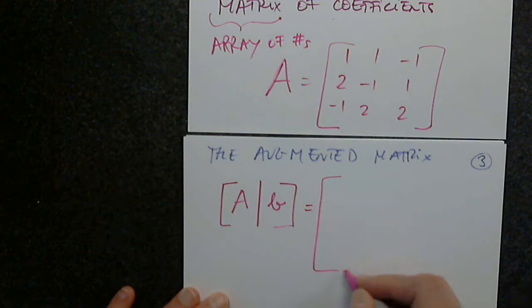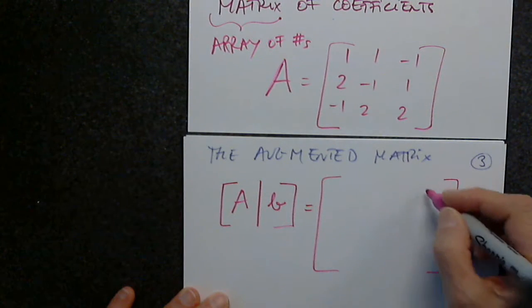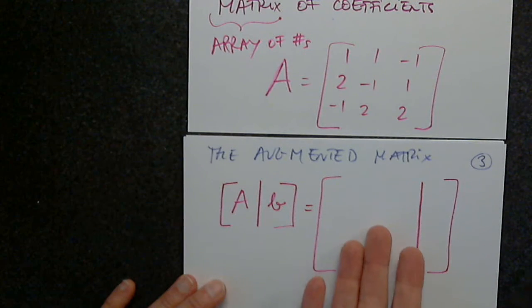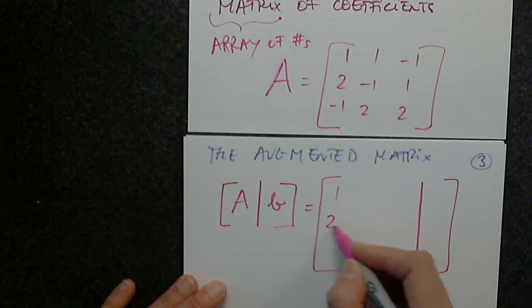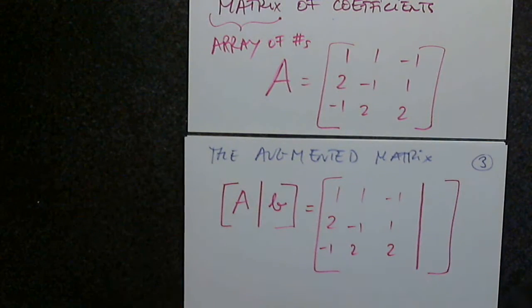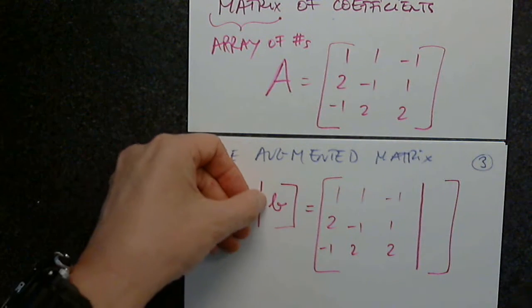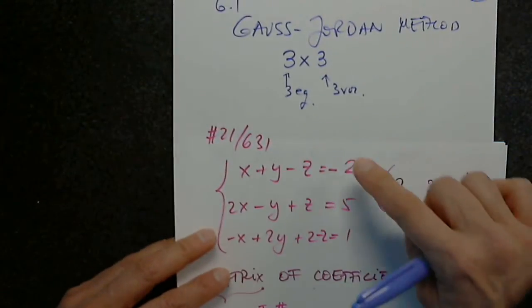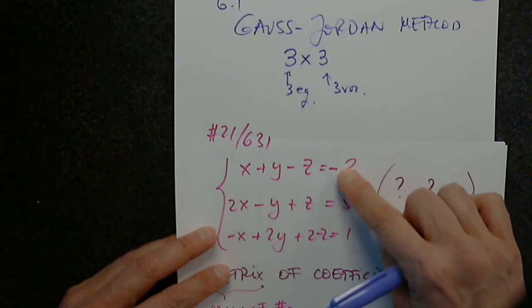And you'll see in a moment what this means. To the left of the vertical bar, I have 1, 2, -1, 1, -1, 2, -1, 1, and 2. The same thing I had before. But now it's augmented, and it's augmented with this little b. This little b stands for the free terms, -2, 5, 1.